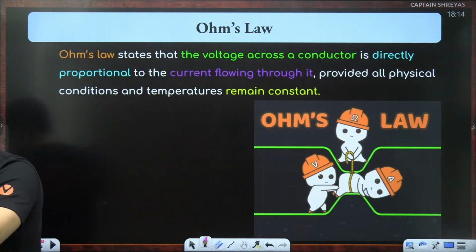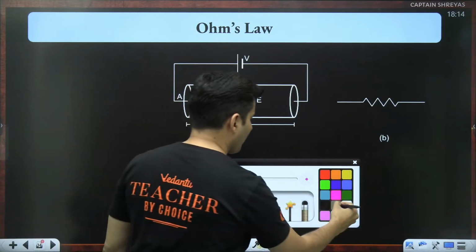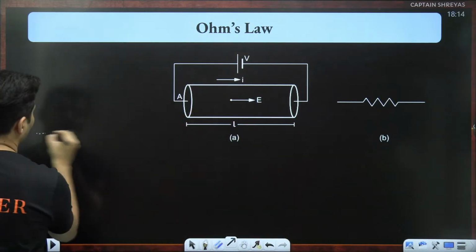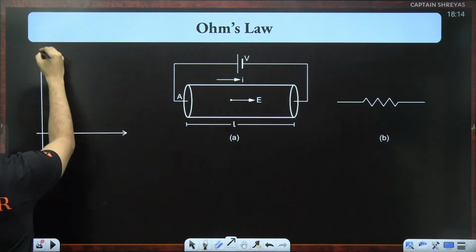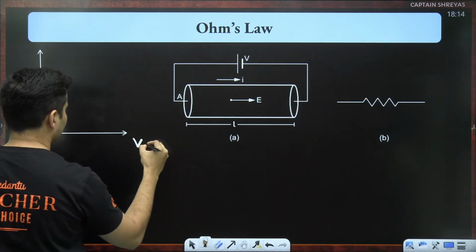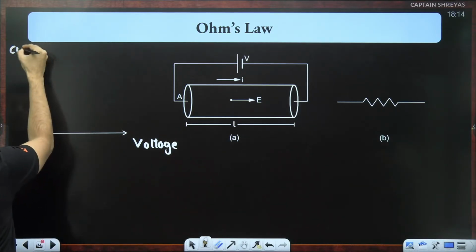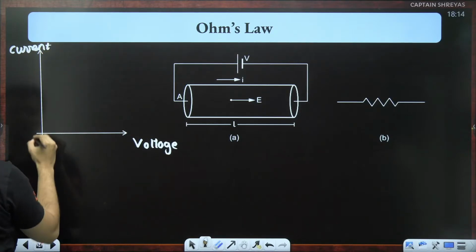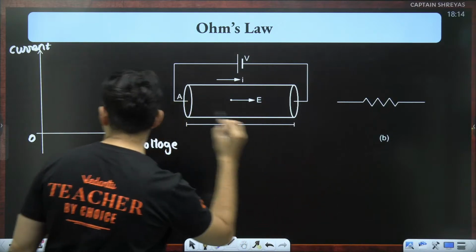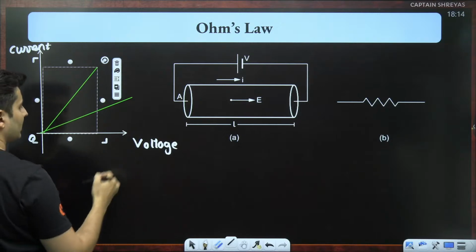Okay. Great. So let's have a look at Ohm's law over here. What Ohm saw was, for different conductors, the graphs look like this.